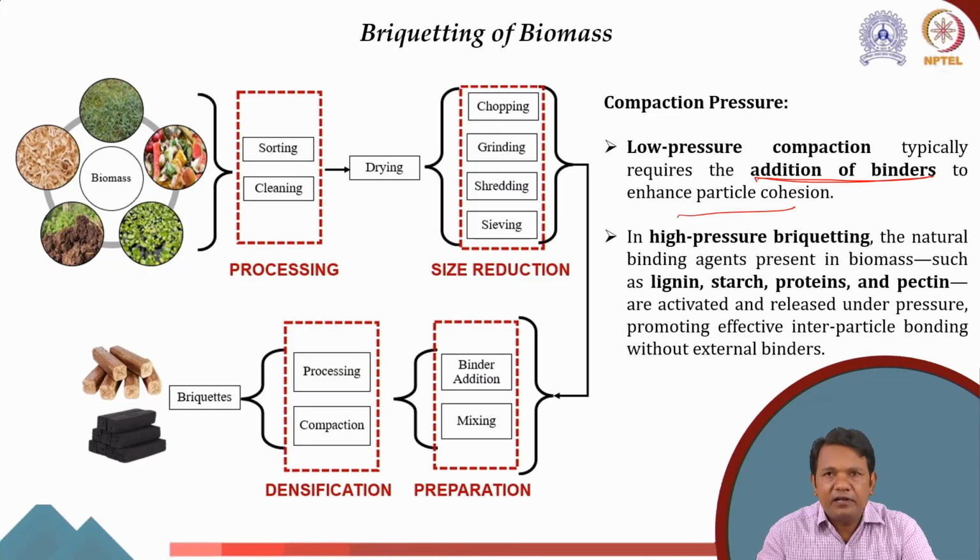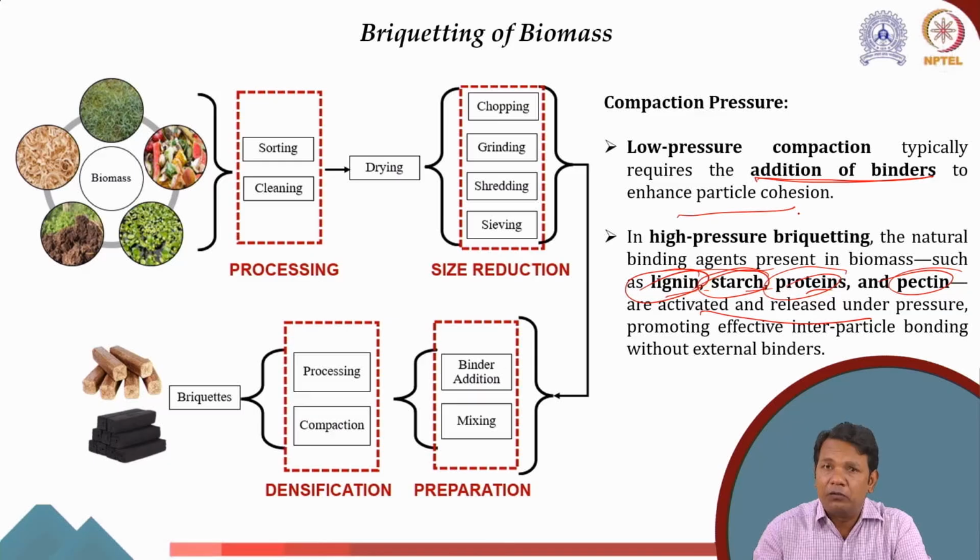While for high pressure briquetting, usually the natural binding agents like lignin, starch, proteins and pectin are present in the biomass. Okay, so when we apply high pressure, they get activated and released under the pressure. Remember, when we looked earlier, lignin itself is a binder, starch is a binder, protein is a binder, pectin is a binder.